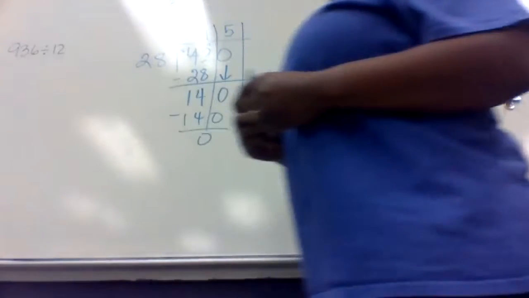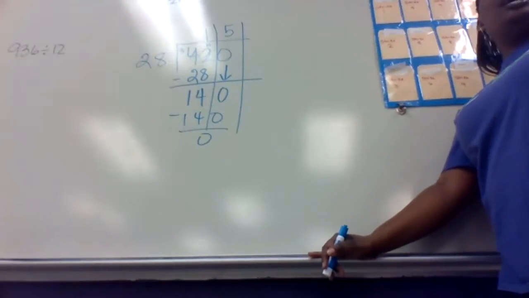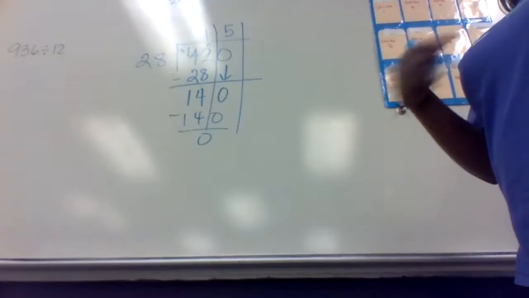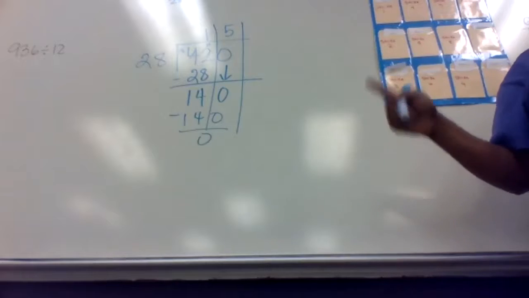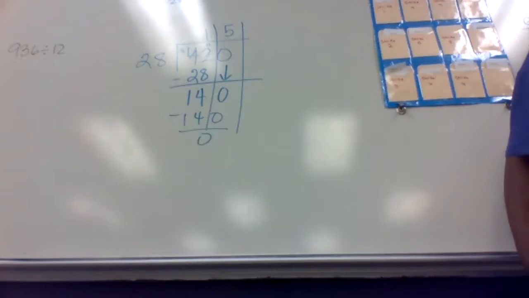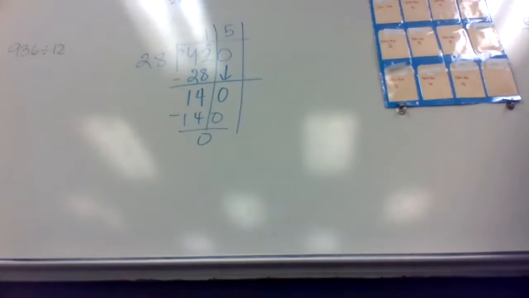Now, our question says, what is the average number of pages per chapter? So on the blank, you should put what? 15 pages per chapter. That's what you should put on the blank for number 4.